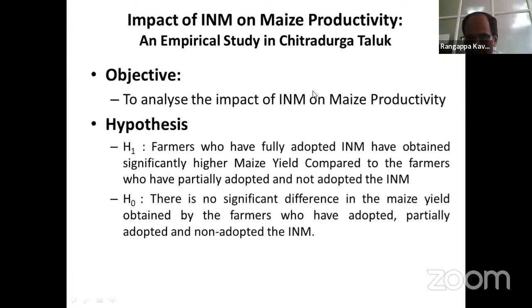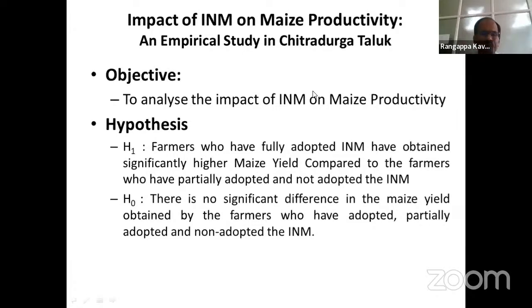This is the alternative hypothesis. And the null hypothesis goes like this: there is no significant difference in the maize yield obtained by the farmers who have adopted, partially adopted, or not adopted this integrated nutrient management technology.